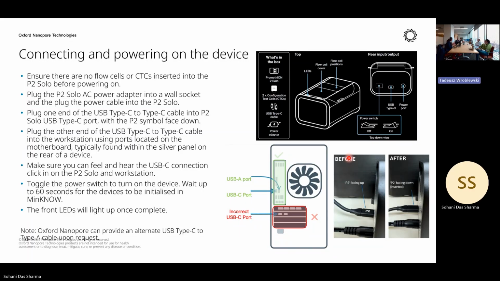It looks like a card, more like a rectangular shape, and the way we take off buffer or do the sample introduction is different because physically the engineering of the MinION and the PromethION is different.